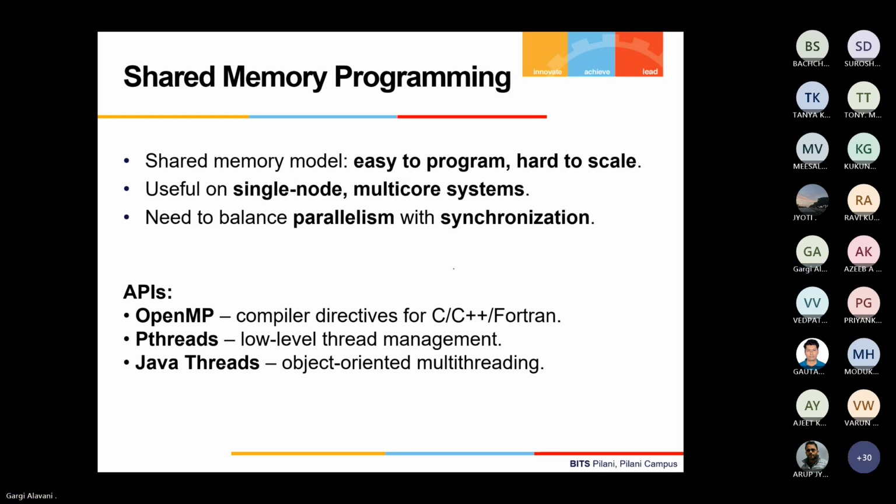The popular APIs are OpenMP, MPI, pthreads, and Java threads. We'll start a bit of pthreads in today's class. We may not be able to do much, but once we complete pthreads, we will learn about OpenMP.